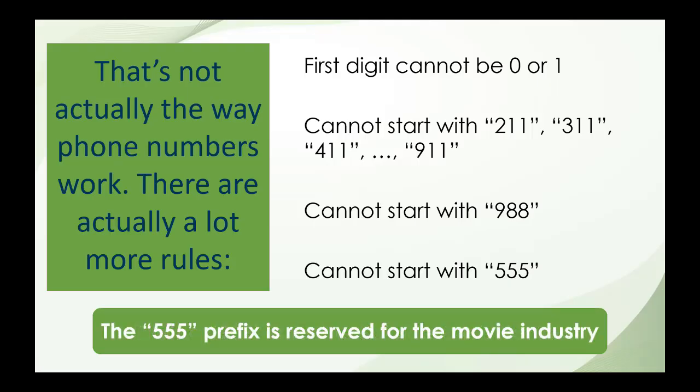And then 555 is a prefix that's reserved for movie industries. So when you're watching TV, you may notice that a lot of the phone numbers in TV shows and movies start with 555. And that's so that people at home don't annoy people by calling that number.